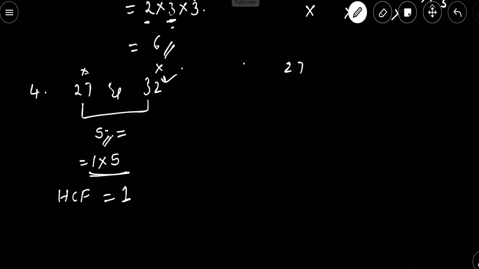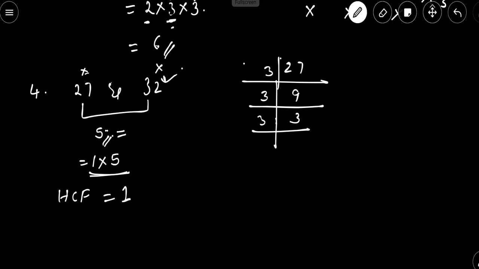So 27, how can I write it? I can write 27 as 3 9s are 27, then 3 3s are 9, then 3 1s are 3. And 32, how can I write it? 2 16s are 32, 2 8s are 16, 2 4s are 8, 2 2s are 4, 2 1s are 2.